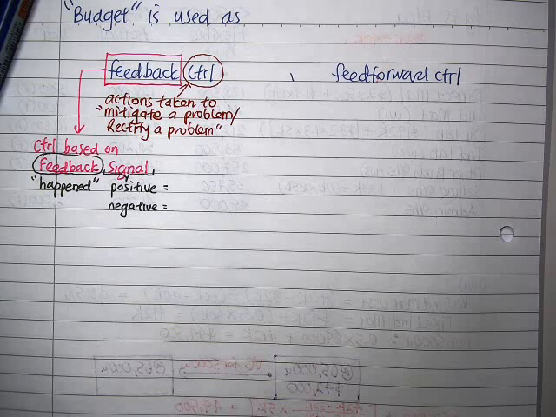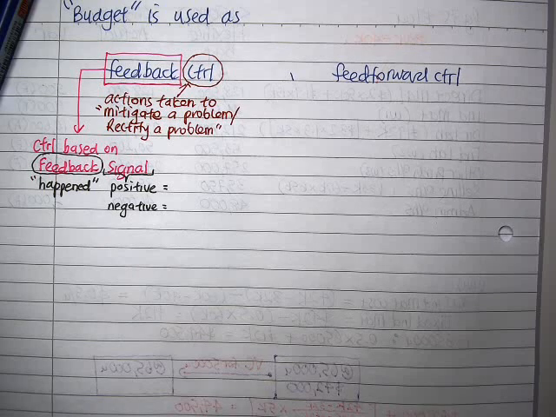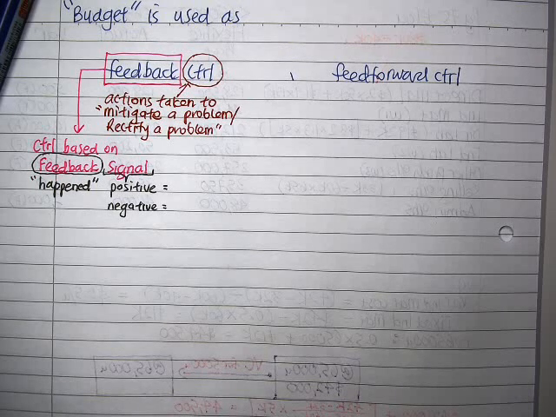So what's the difference between if it's a positive signal or a negative signal? Now, because when people look at feedback, they interpret it as the English word comment. Feedback is comment. You give me a feedback, maybe you give me a comment. And when you hear positive feedback, you immediately think in English positive feedback is good comment, right? Well, I got a very positive feedback. Well, I got a very negative feedback. The negative is bad comment. Now you don't mix up that English with our management accounting.